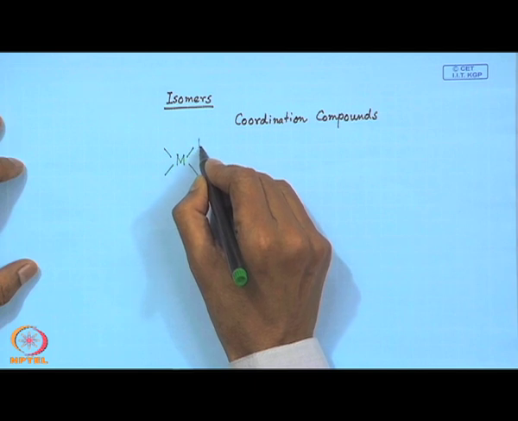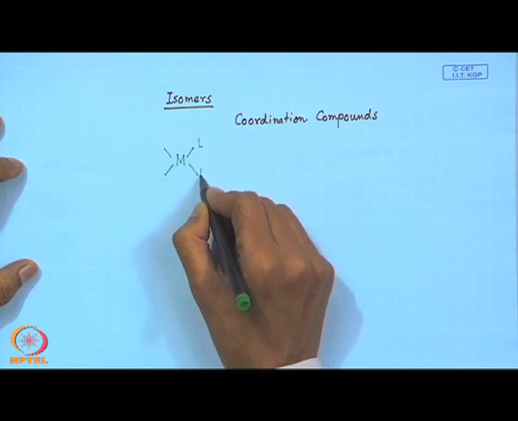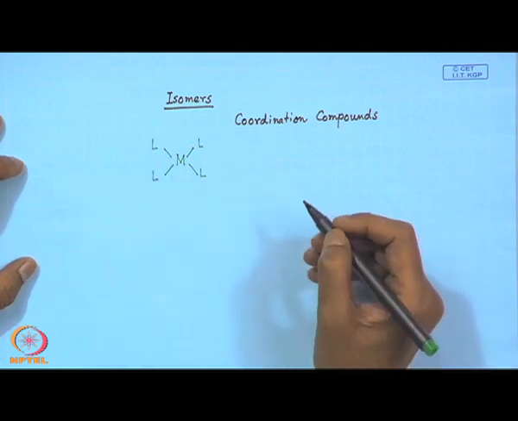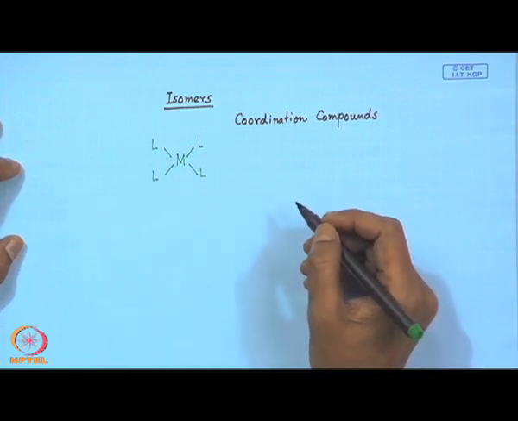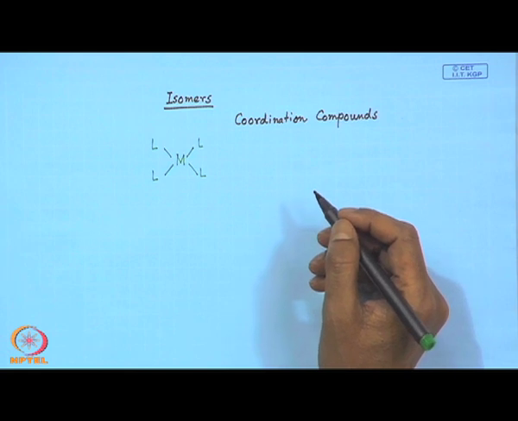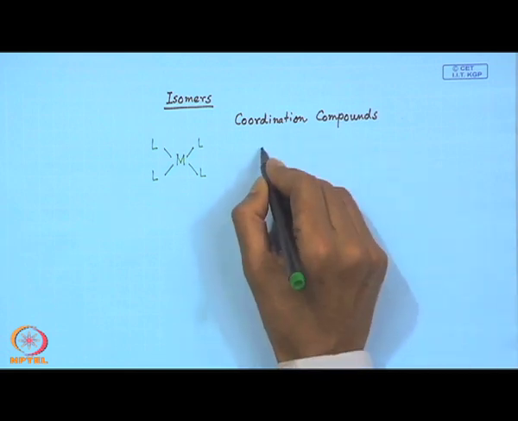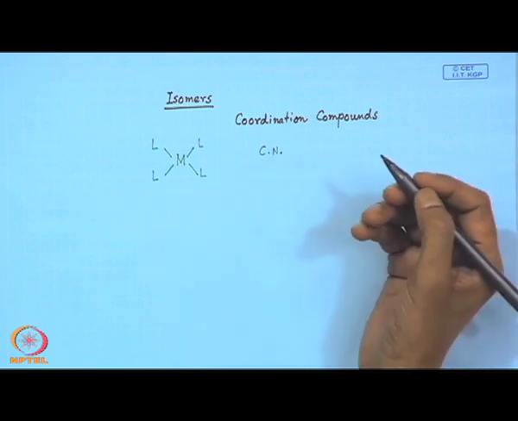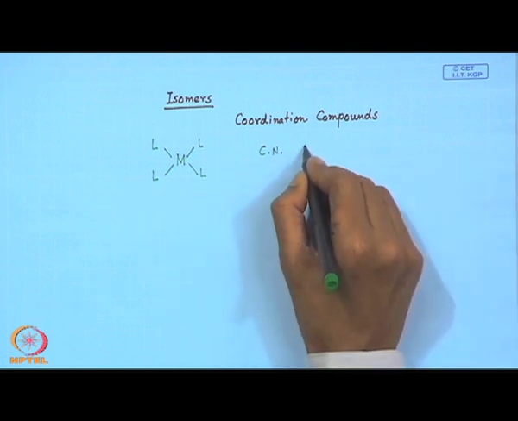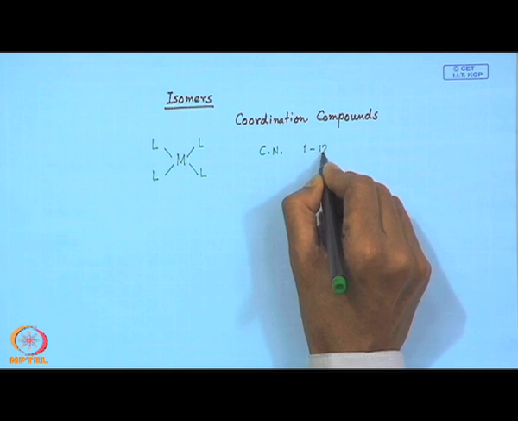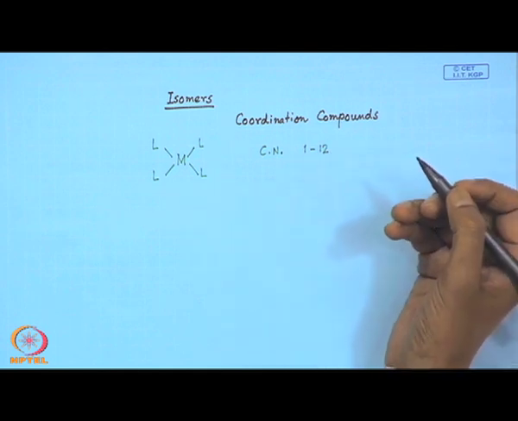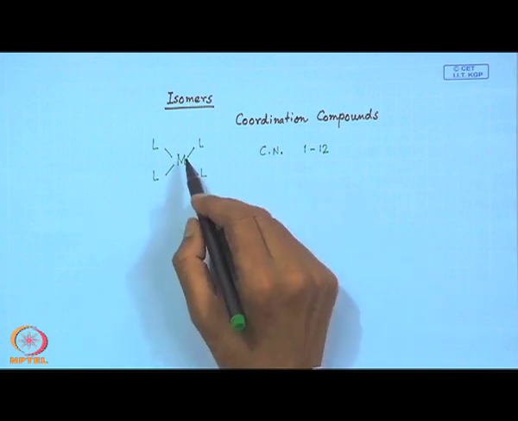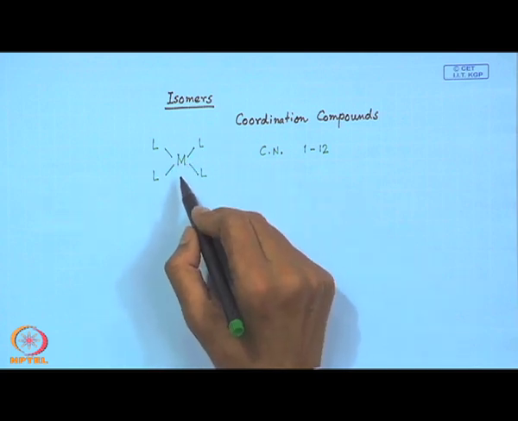This binding by different ligands to the metal center can give rise to different types of compounds, and while talking about the different coordination numbers starting from say 1 to 12, we have seen that we can have different arrangements of these ligands around the metal ion.